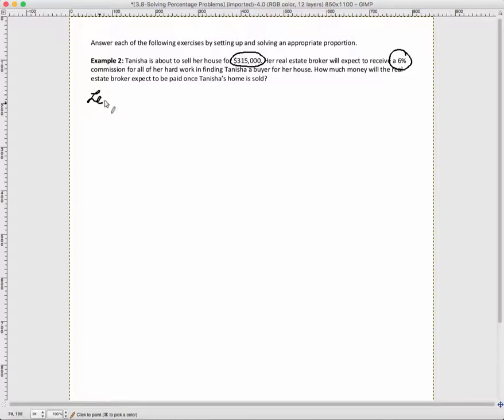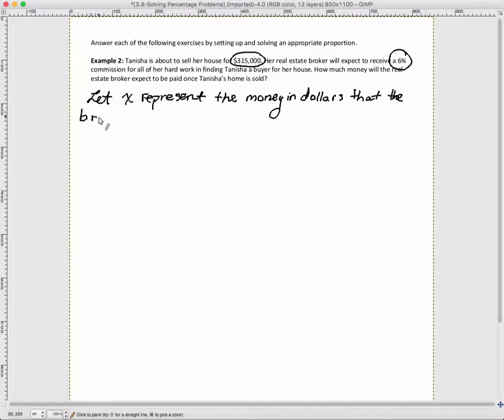So we're going to say let X represent the money in dollars that the broker will make from the sale of the house. All right, so there we go.